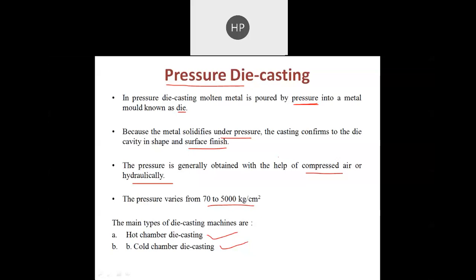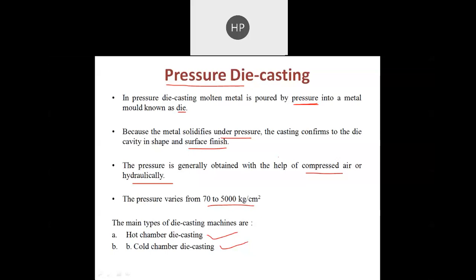Now, in pressure die casting, generally the pattern, or the hollow cavity, or the die is made of metal. Why? Because in this one we are pouring the molten metal by pressure.